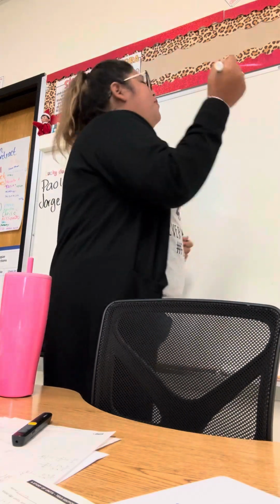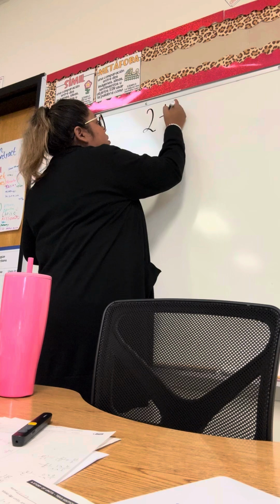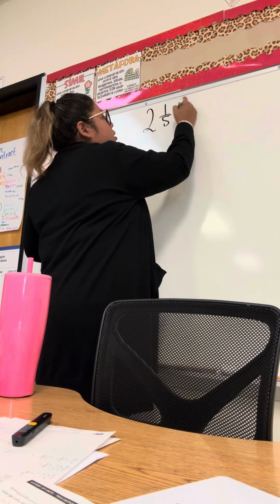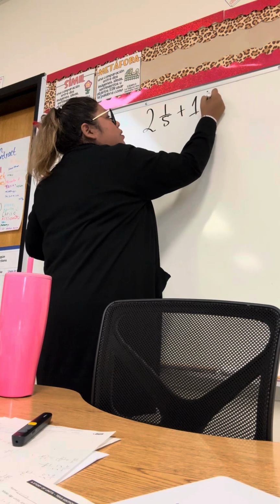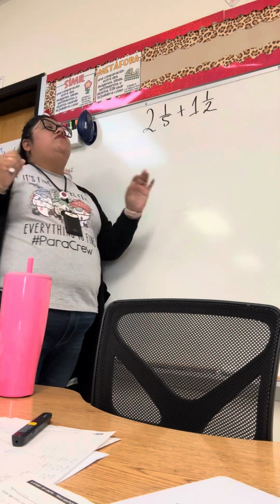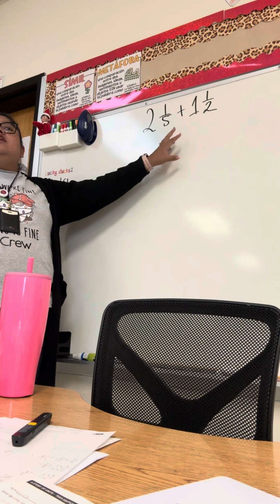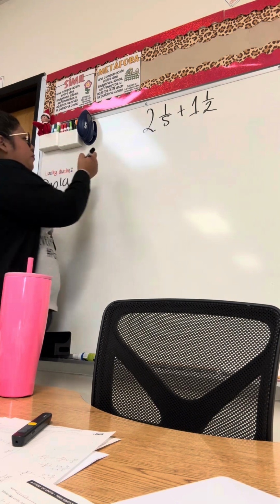Okay, now let's start with this one. So the way we're going to solve this is by doing this. First, I'm going to add the whole numbers. So let me put it right here.